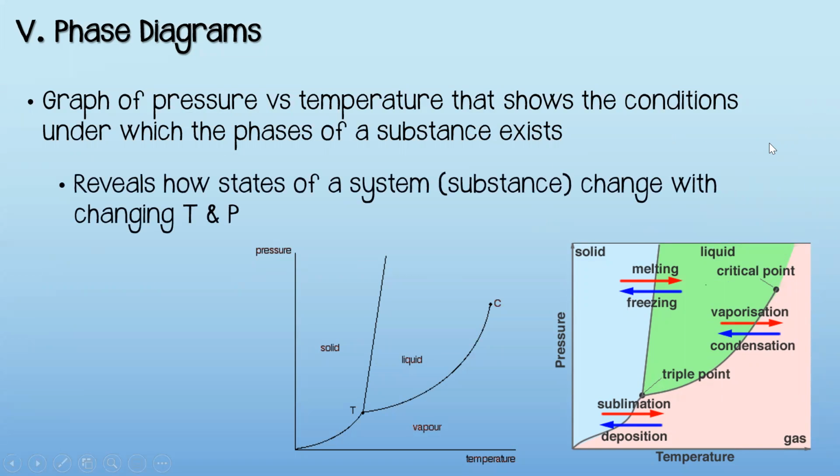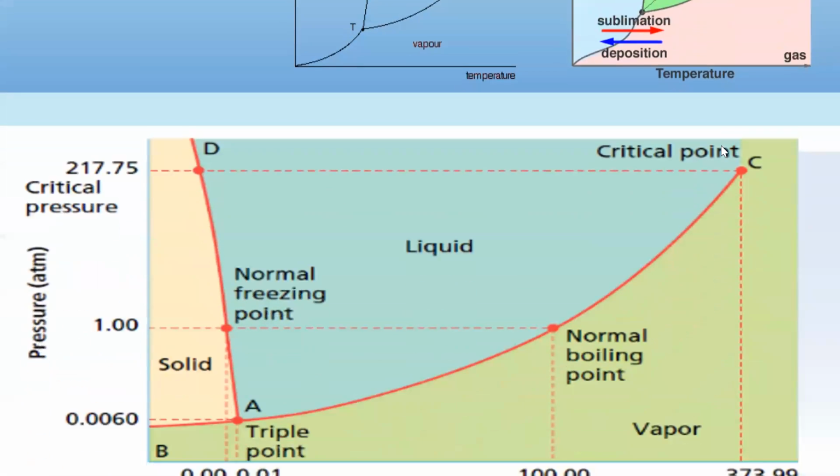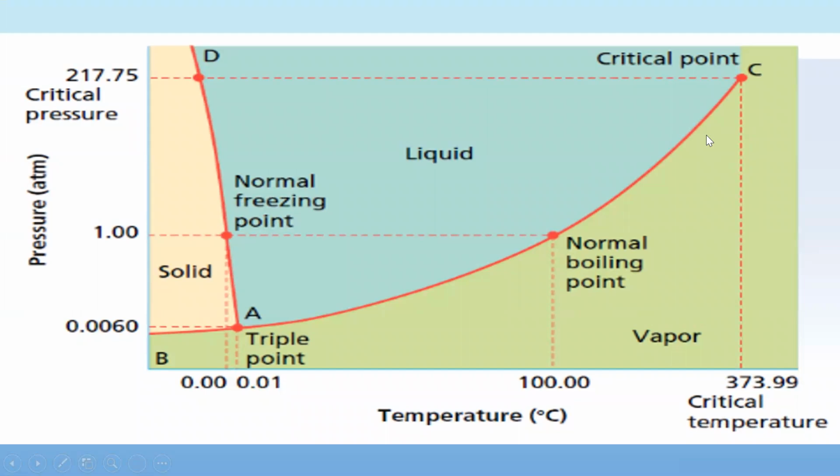So this phase diagram specifically shows you how the states or the phases of a system for whichever substance can change with temperature and pressure changing. So every substance has its own phase diagram. Sometimes they're labeled, sometimes they're not. Okay, so looking at this phase diagram, there's many things you can see here. The portion that's most to the left is always going to be your solid.